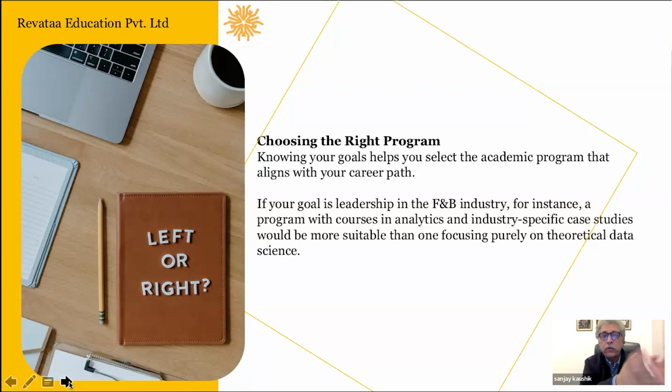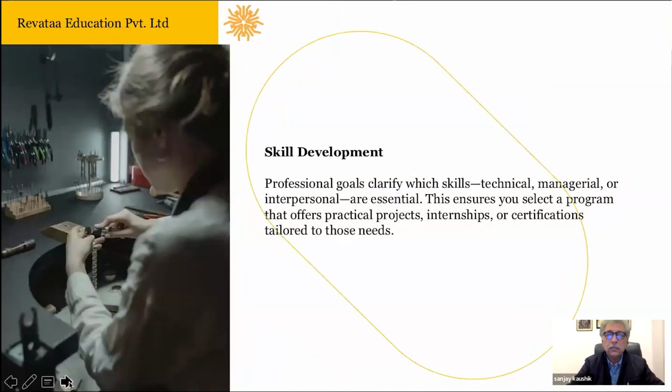So you've got to figure out, if you want to get into food and beverage, what kind of program are you choosing? Is there any culinary art there? Or is there any data that supports that this program would really help you? So choose the right program that would really enhance your chances of getting a visa, though, right?